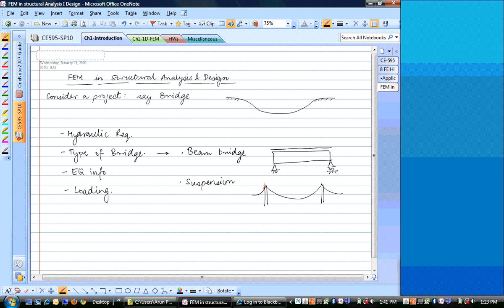So this is a crude drawing of a suspension bridge. Any other bridges?